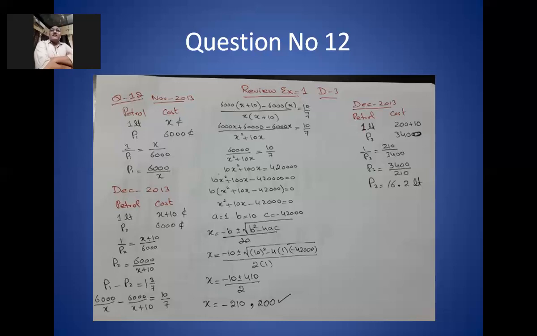Enter this in your calculator, and the final answer will be 16.2 liters. So you can buy 16.2 liters of petrol in December 2013 with $34. So this was question number 12 from review exercise 1 of the D3 book. Hopefully you have understood this question.